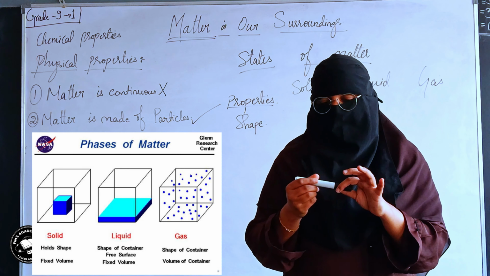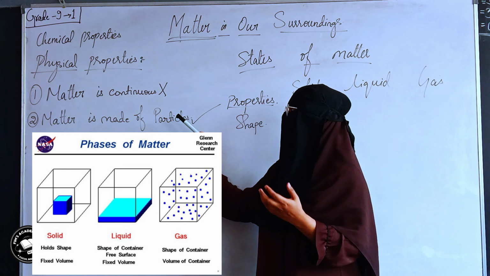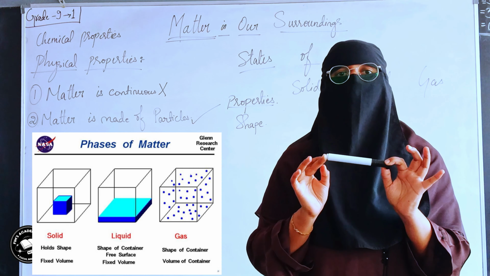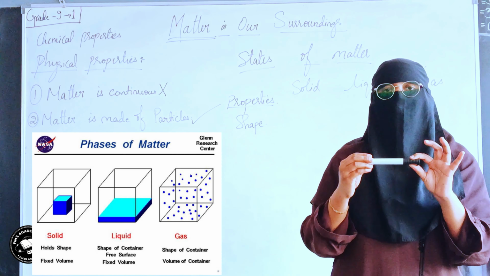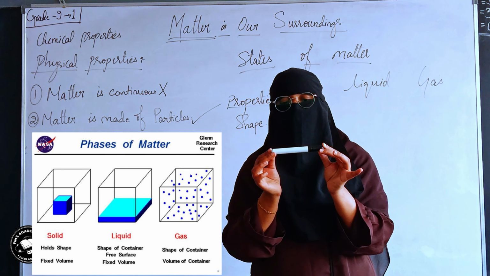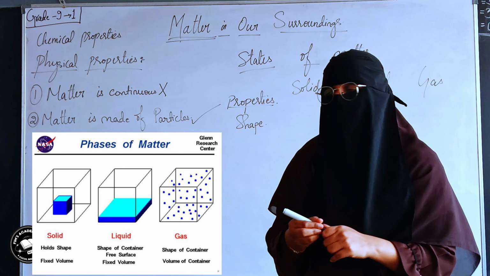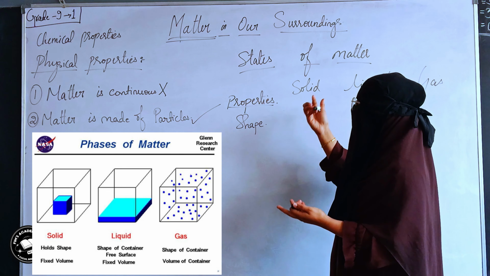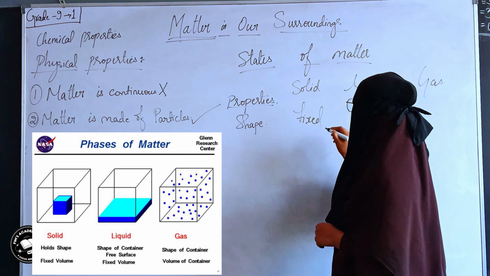Through the first point I have proved that any matter is made up of particles, right? That means even this marker in my hand is made up of particles. But these particles are present in such a way that this marker has a fixed shape. I cannot change it easily. So any solid, if you take, will have a fixed shape of its own.